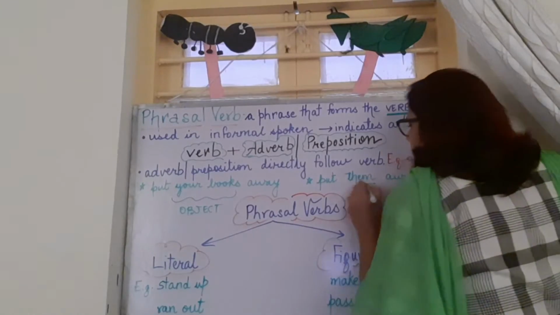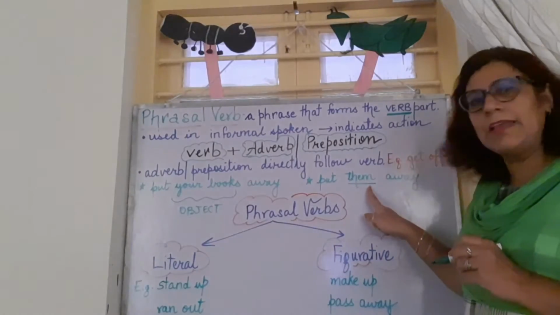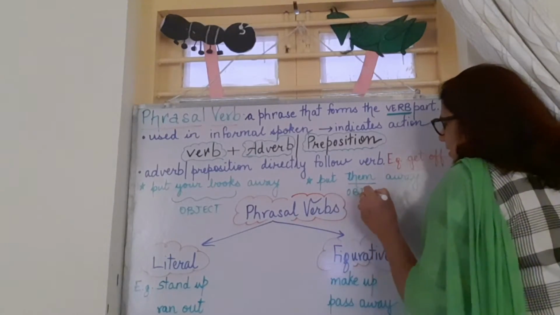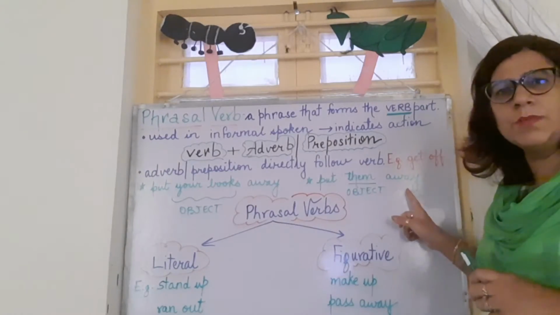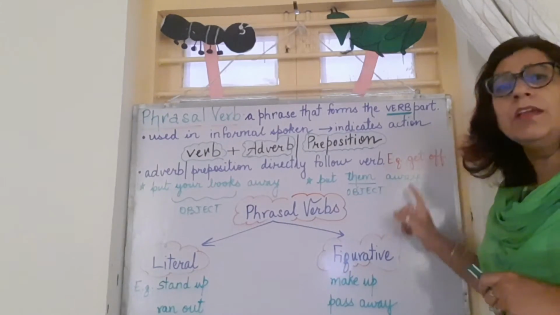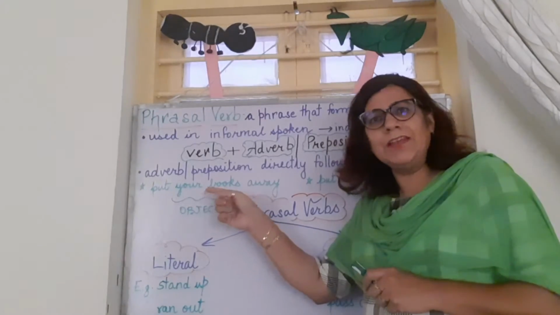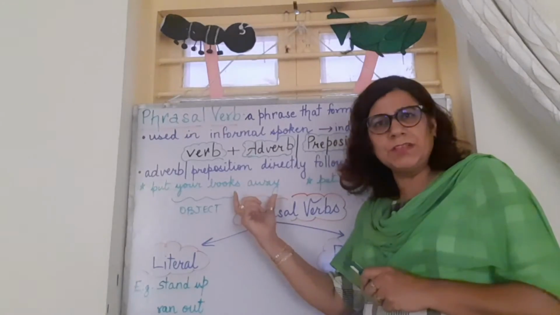Here this is the object. Here we have used them for books. This is the object part of the sentence and it comes in between. Now, when writing phrasal verbs where the object is in between, if the object is a noun, then we can put it both in between or after the complete phrasal verb.